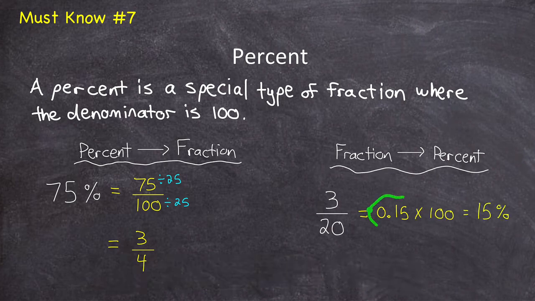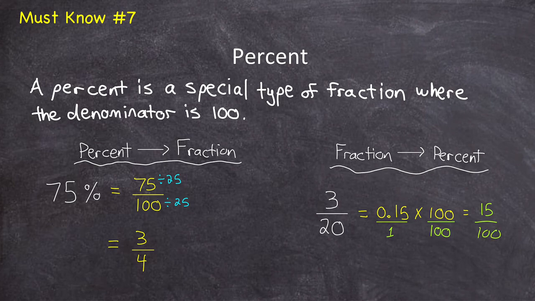Now this middle line is a little bit misleading. What's actually happening here is that 0.15, if we were to think of that as a fraction, it's 0.15 over 1. And to be a percent, we know we want the fraction to be over 100. So we would need to multiply the top and bottom of this fraction by 100. So really we're multiplying it by 100 over 100, which would make it equal to 15 over 100.